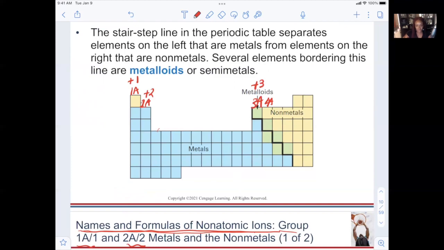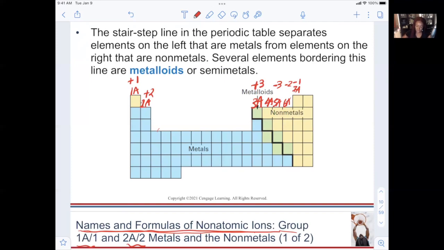It doesn't really gain or lose 4 electrons. 5A has a charge of -3. 6A has a charge of -2. 7A has a charge of -1. Okay, so if you want a way of figuring out the charge on 5, 6, 7, I just look at it like a palindrome. +1, +2, +3, skip over 4, -3, -2, -1.